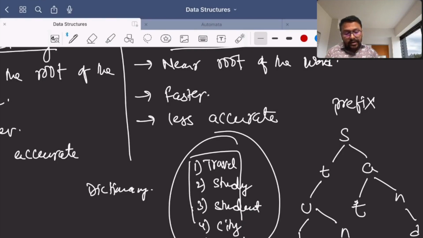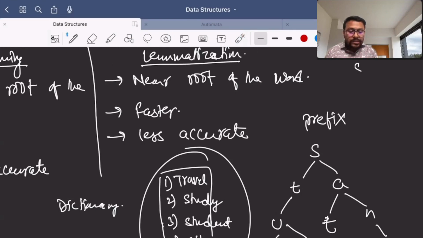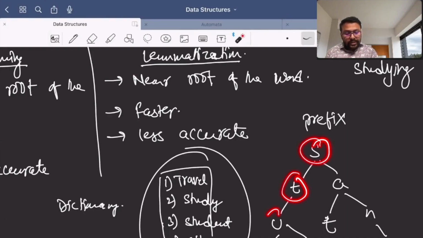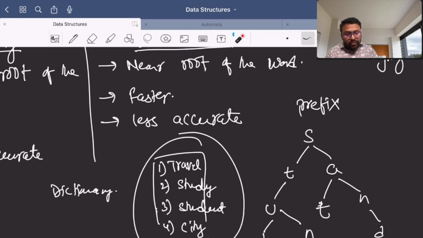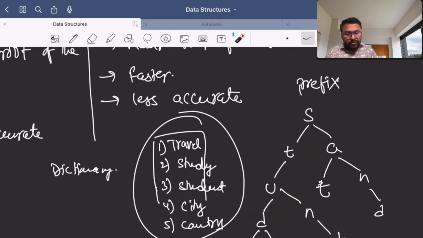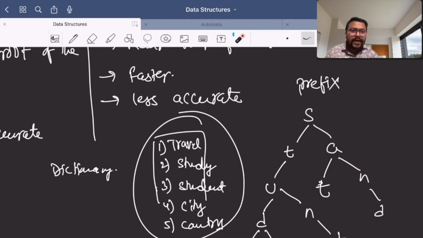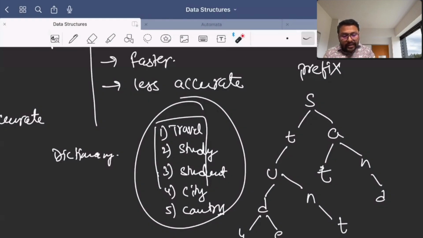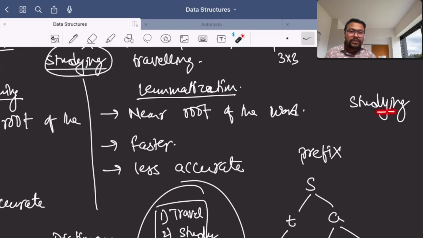What we have is this kind of a tree, and here we follow our word studying. We follow S T U D, and after that we have Y. We go in this direction instead of going in the other directions. But it is not guaranteeing that we will get the same word, because there may be some other word which also has I, which matches with our Y I but is not actually study.